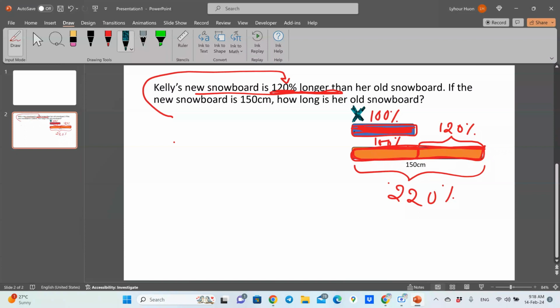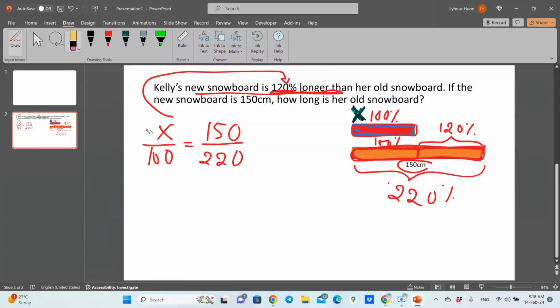Then from these two relationships, the length x over 100% will be equivalent to the new one's length, 150 centimeters, over 220%.